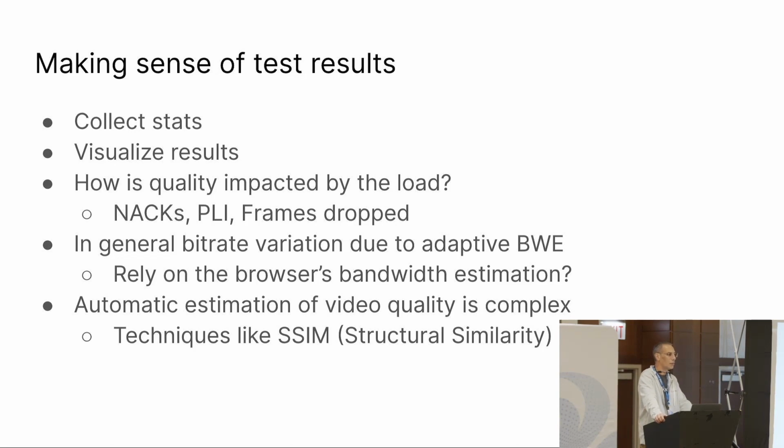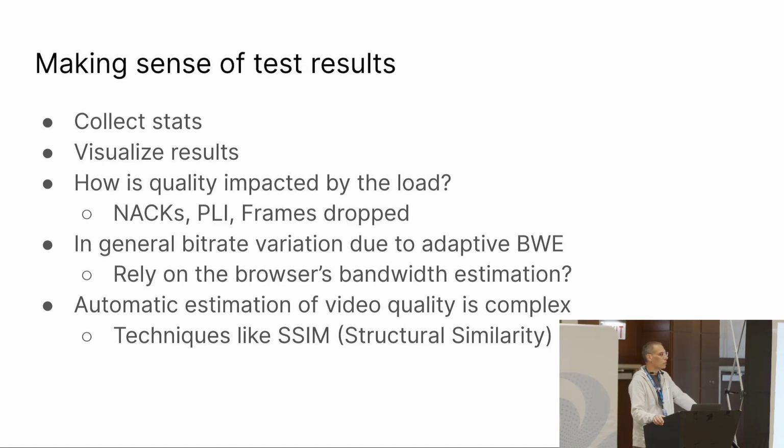And key elements may be related to how many times the browser asks for a packet to be retransmitted, or if there is, for example, a frame that was dropped, or a packet loss indication, because these are all elements that indicate possible networking issues.